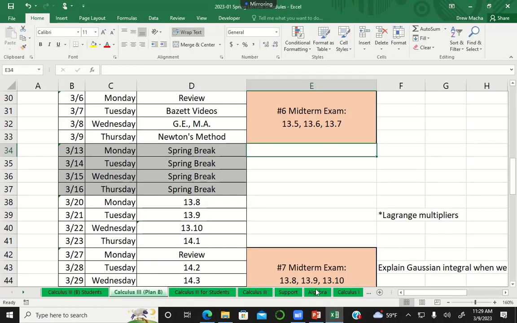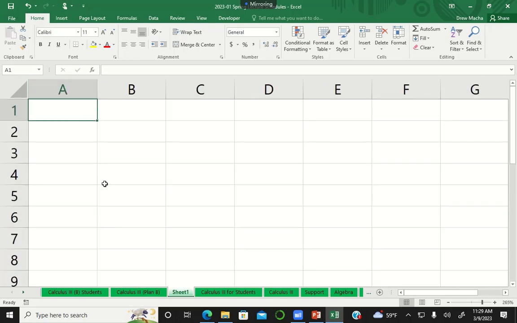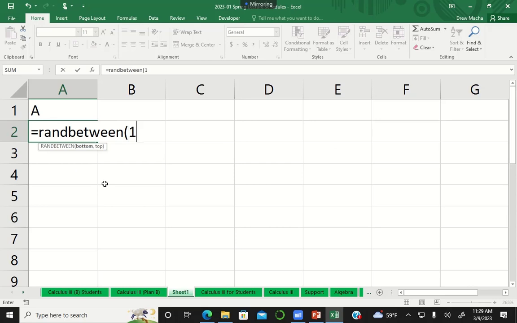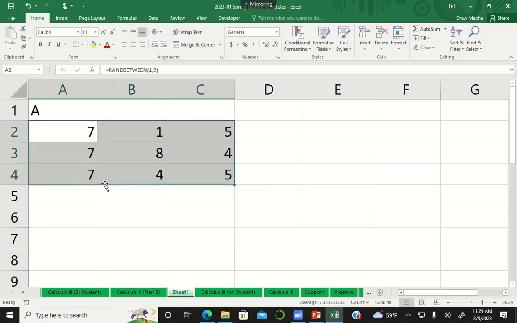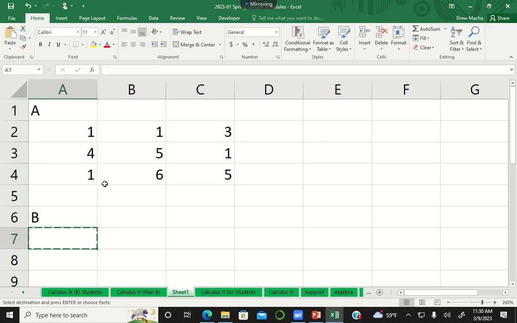Let me do some examples using Excel so I don't have to do all the multiplying by hand. Let's say I've got this matrix, I'm going to name it capital A. So that's my A matrix. And then I'm also going to have a B matrix.